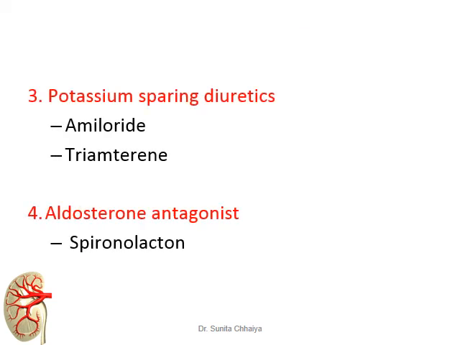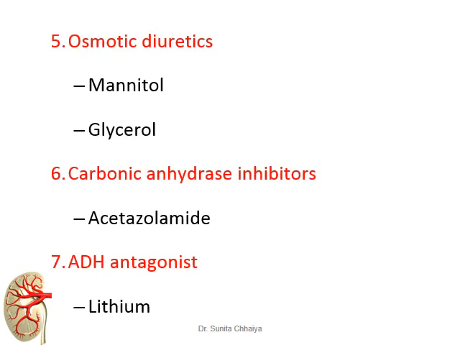Then potassium sparing diuretics, amiloride or triamterene, and aldosterone antagonists like spironolactone, osmotic diuretics like mannitol and glycerol, carbonic anhydrase inhibitors like acetazolamide, and ADH antagonists, antidiuretic hormone antagonists, like lithium.